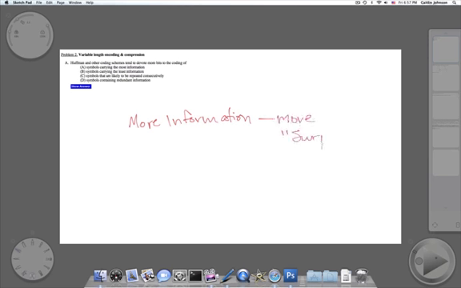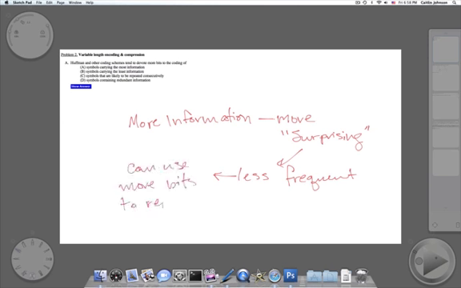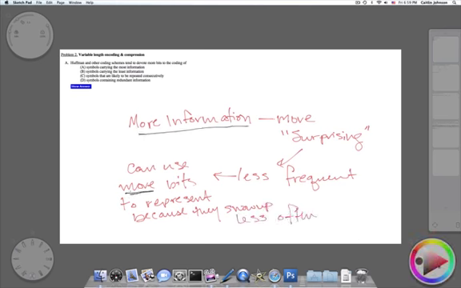We want to devote more bits to things that don't happen as often, because they'll add length less frequently to the message. So the answer is going to be more information for more bits. Symbols carrying the most information, right?